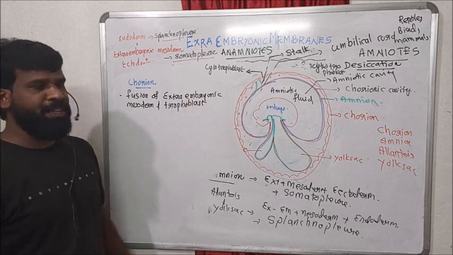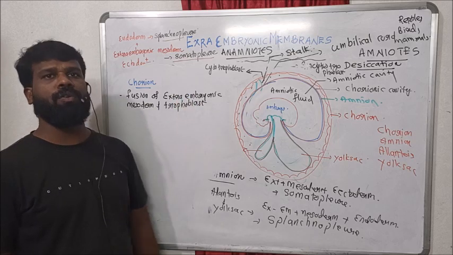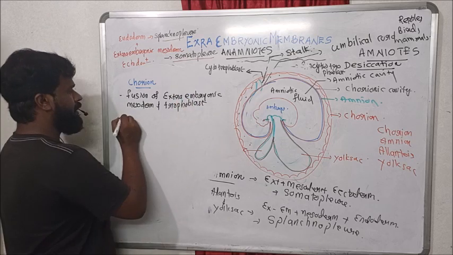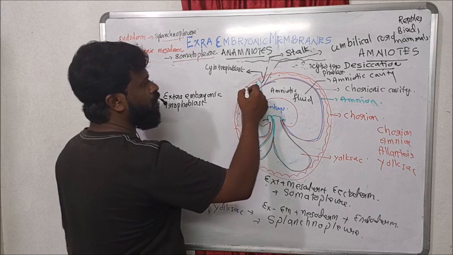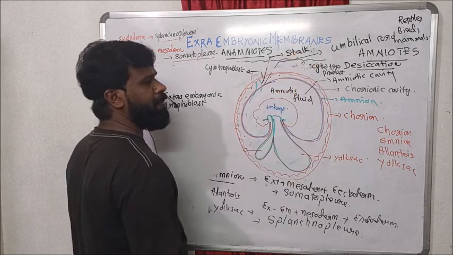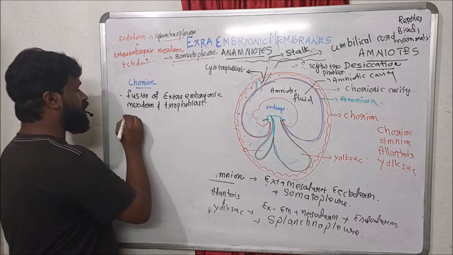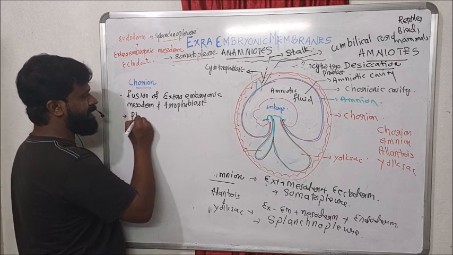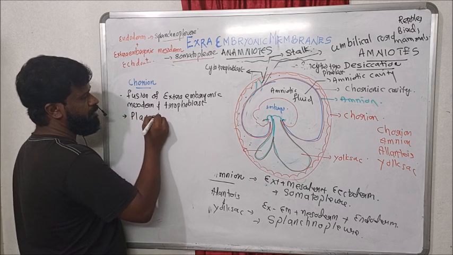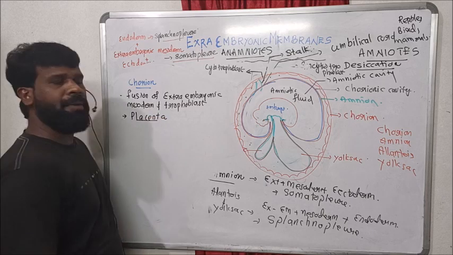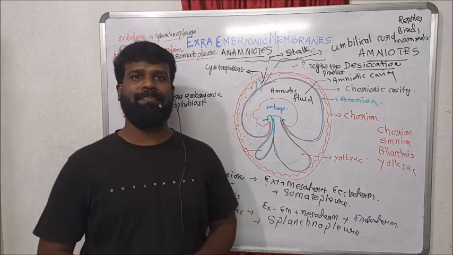From this chorion, finger-like projections develop as chorionic villi, which we will explain later. The function of chorion is that it helps in the formation of placenta.